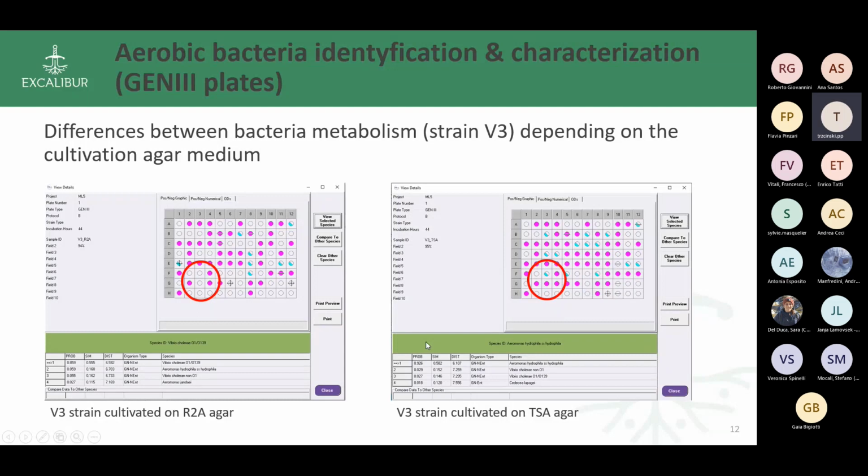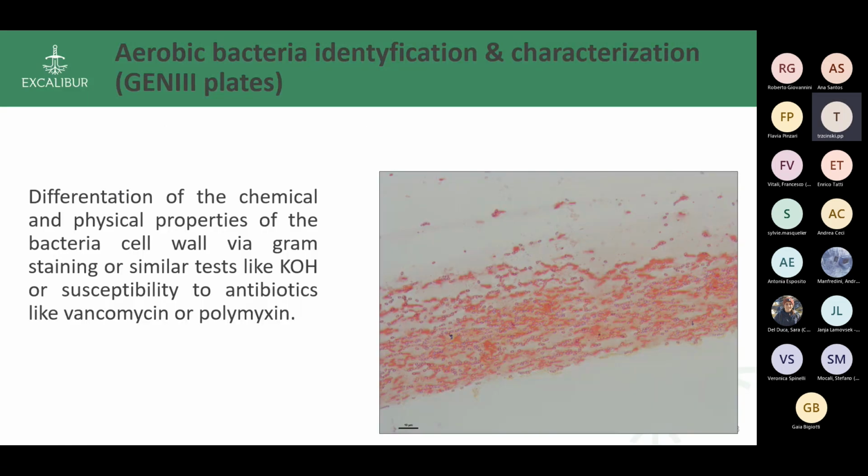Another basic thing is differentiation of the chemical or physical properties of the bacterial cell wall. We can do a Gram staining or a similar test like KOH, or check how the bacteria will grow in the presence of some antibiotics.